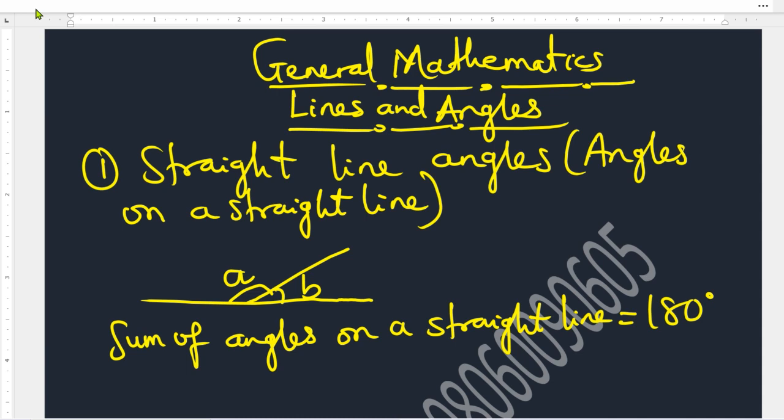Sum means addition. So that is to tell you that the angles that are on a straight line, when added together, give you 180 degrees.